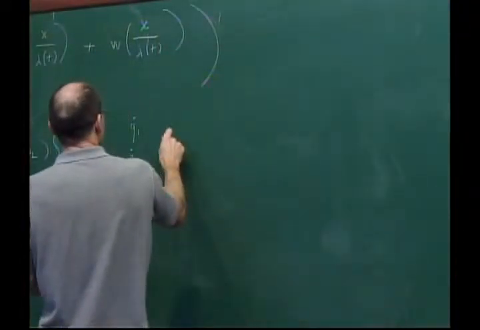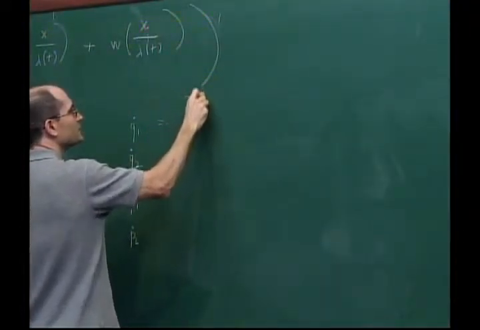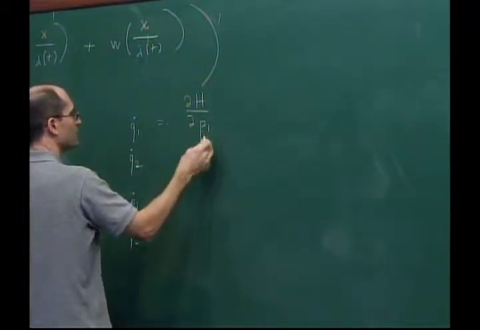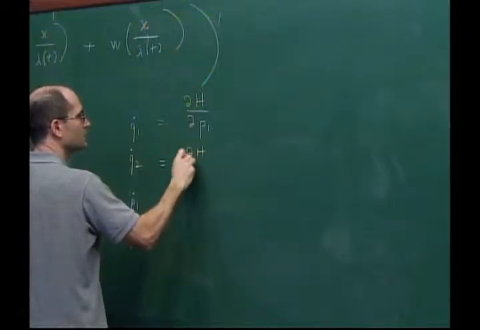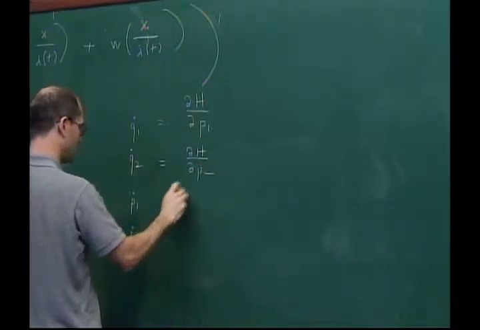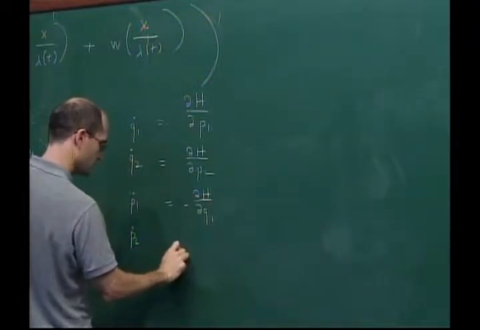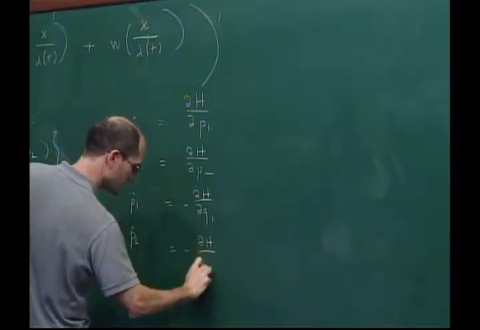And so that gives you dH/dP1, dH/dP2, and minus dH/dQ1, minus dH/dQ2. Okay.